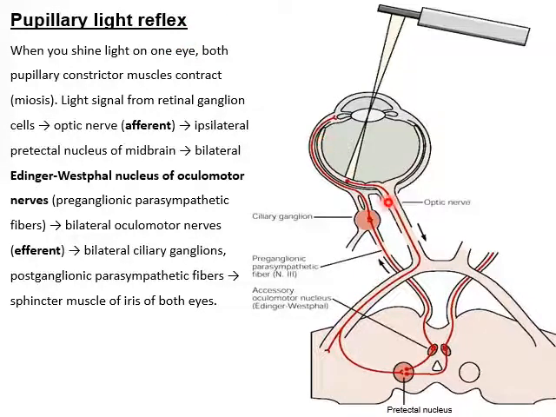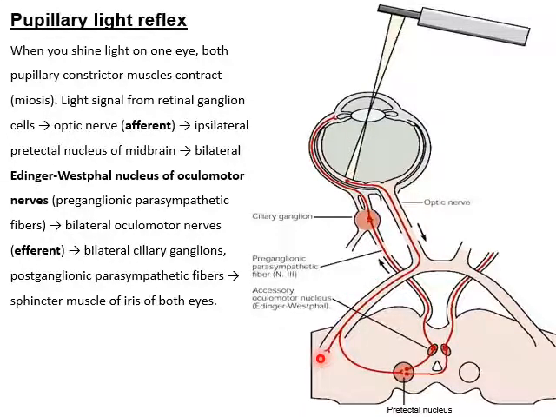So the afferent, which is the nerve that carries the sensory information, is the optic nerve that carries the visual information. Since it is coming from the temporal half of the retina, it will stay on the same side: optic nerve, chiasm, and tract on the same side.